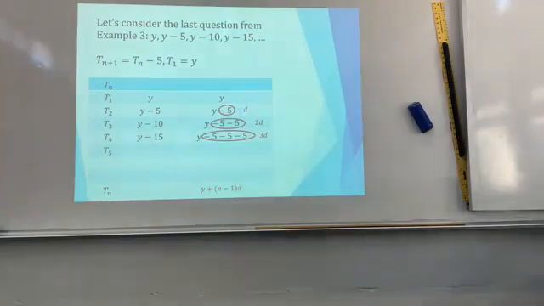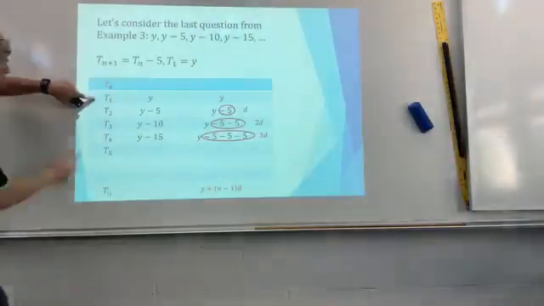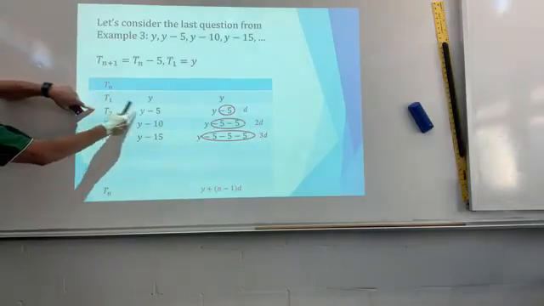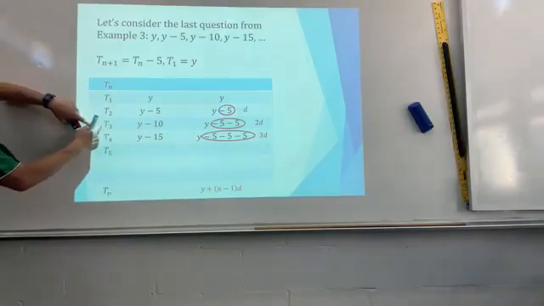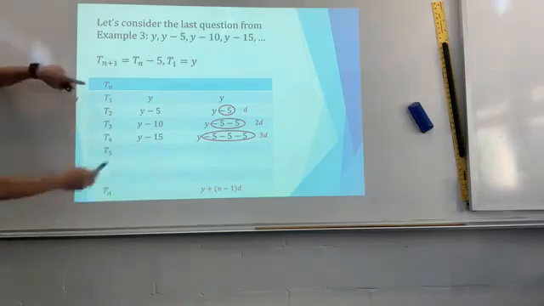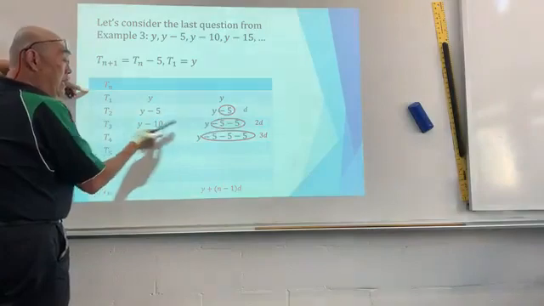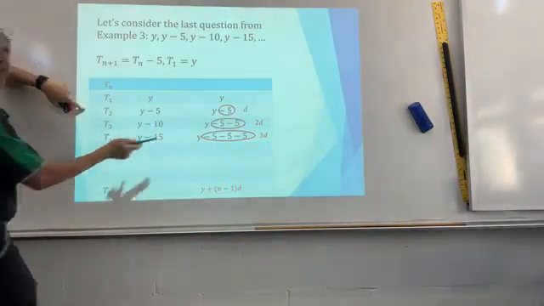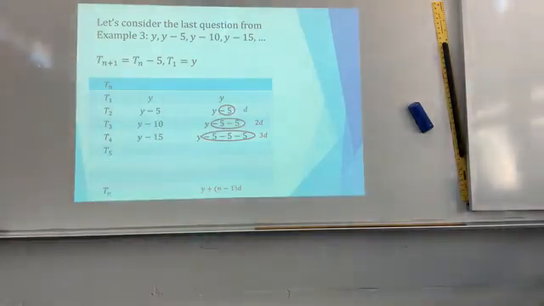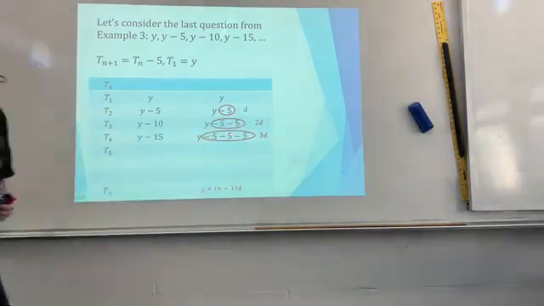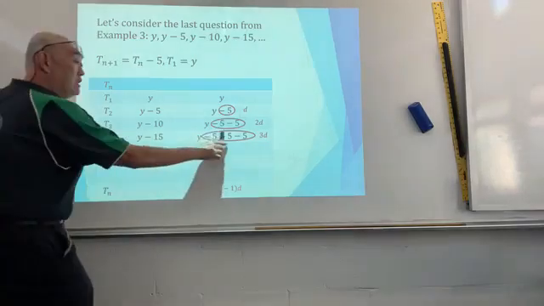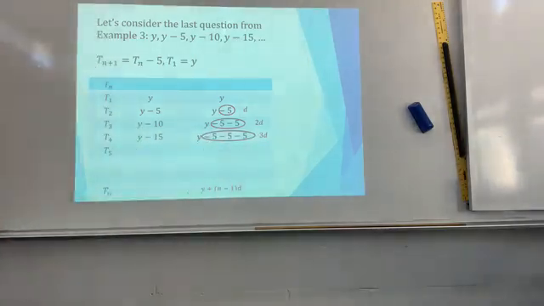So if I've got T1 as y, T2 is y minus 5, T3 is y minus 10, T4 is y minus 15. I can write it out as y minus 5, which is d. All right? Here, y minus 10 is y minus 5 minus 5. So therefore, it's y minus 2d. Correct? And then y minus 15, which is y minus 3d.